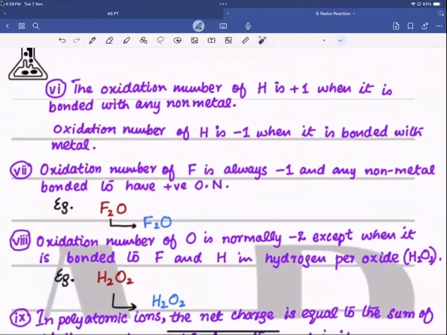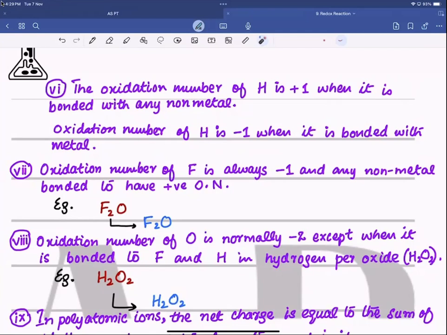The initial 2 points that you have noted down, the last 2 points, one is about metal. When metal is present in the compound, its oxidation number is going to be positive. If it's from group 1, it's +1, group 2, +2, group 3, +3, group 4, either +2 or +4, and transition metals can be any value from +1 to +7, but positive.